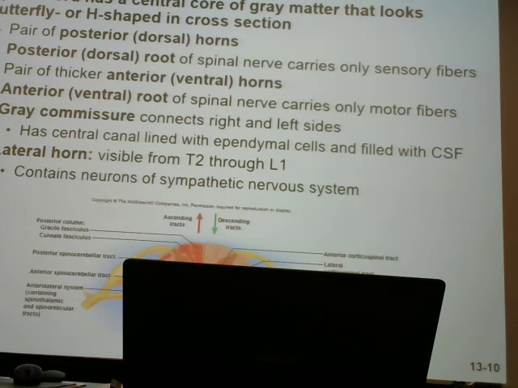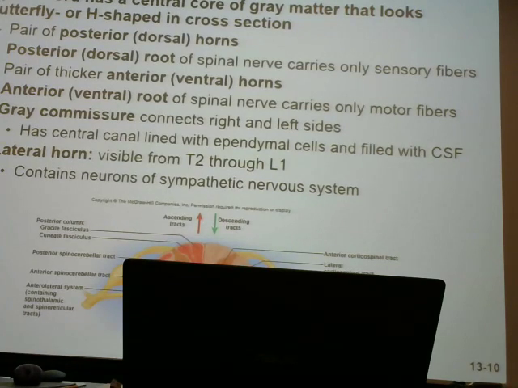Okay, spinal cord. All right, now this stuff that we have talked about, where I've got this gray matter and then I've got my spinal nerve coming in. My spinal nerve coming in is carrying the information from my peripheral nervous system. Everything that is outside of the vertebra.